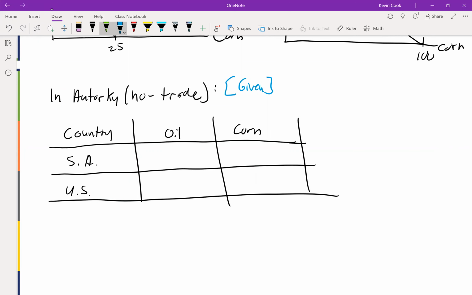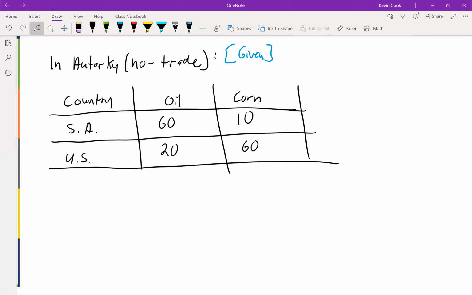So these are numbers that I have prepared right here, but we just know what they are. So we're going to say that Saudi Arabia, if there was no trade, decides to produce 60 oil and 10 corn, while the United States decides to produce 20 oil and 60 corn.